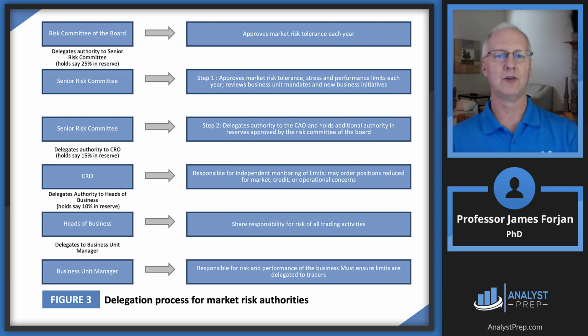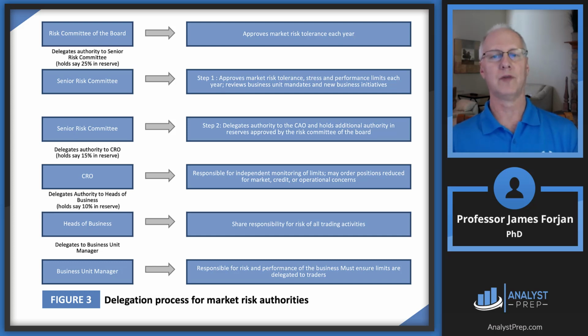And then there are some steps that the senior risk committee must complete. And these sound like things like approving market risk tolerance, stress importance, and performance limits for each year, and then does some review, delegates authority, and then approves all of these policies by the risk committee.